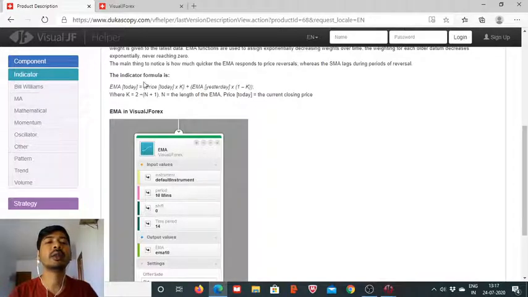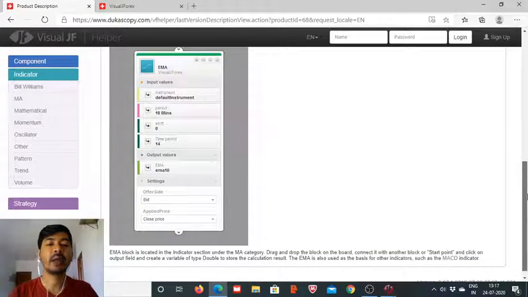So here is the formula for how the EMA is calculated. Keep this in mind whenever you wonder how k or the EMA is calculated.